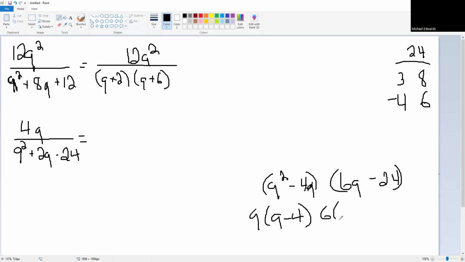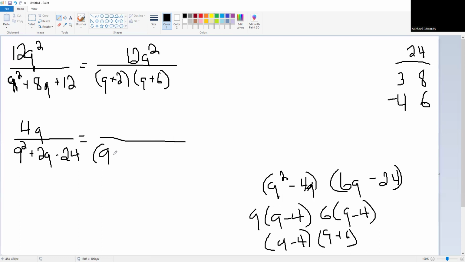This is just a 6, and this would be a q minus 4. So what we're left with is q minus 4 and q plus 6, all over a 4q.